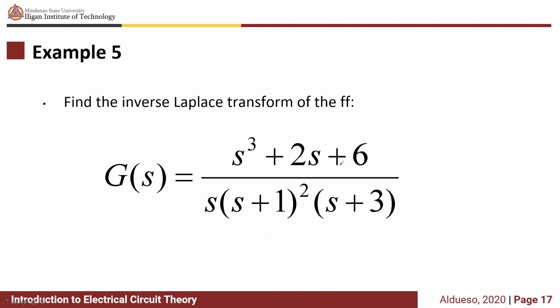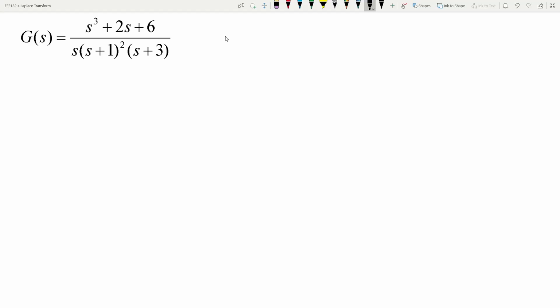So for example, find the inverse Laplace transform of the following. So using the partial fraction method, we have a over s plus b over s plus 3 plus c over s plus 1 plus d over s plus 1 squared.